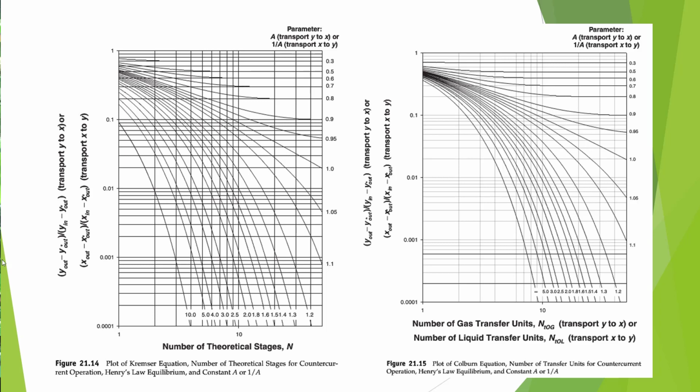So you see that the theoretical number of stages, as you increase the y out value or the x out value, is going to increase rather dramatically in some cases. And this also is related to how A changes. So for various values of A, then we end up with these various curves, and the shape varies dramatically.